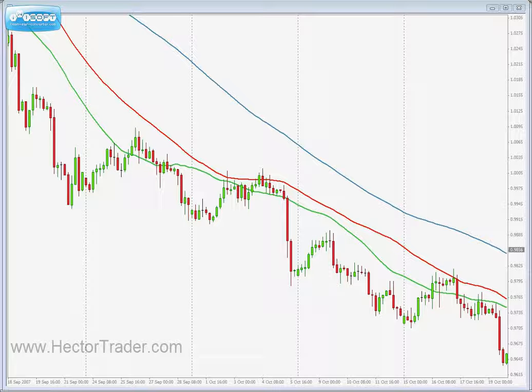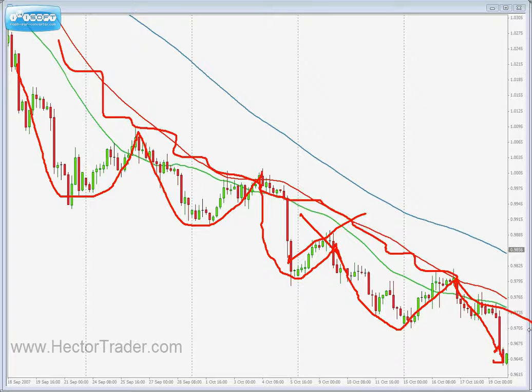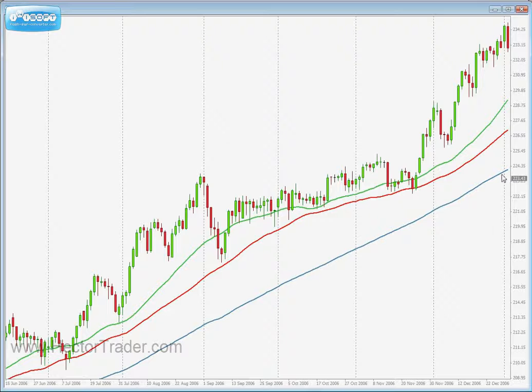So as far as this video is concerned, don't worry too much about entries, but just mind the harmonic swinging formation, and keep an eye on the dynamic area of support and resistance. Okay, another chart, why not?